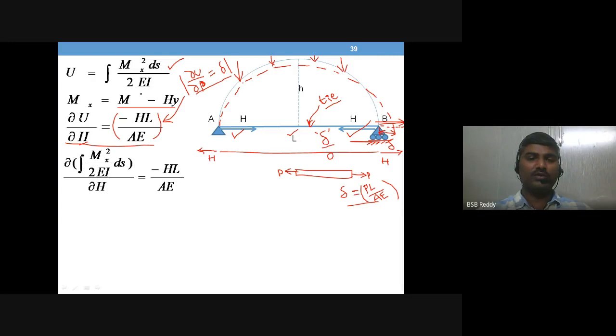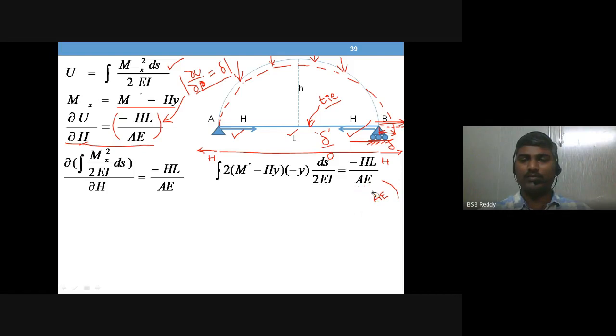So where U is equal to integral Mx square ds by 2EI, substitute it from the strain energy formula. If you simplify further, let me clear that for clarity in the equation. Just a simple partial derivative.